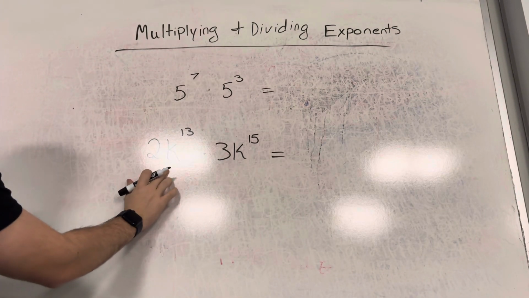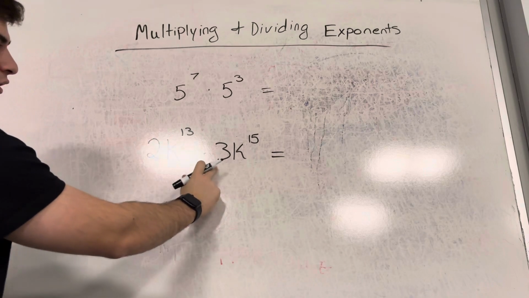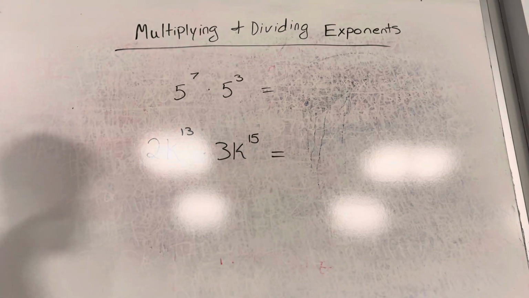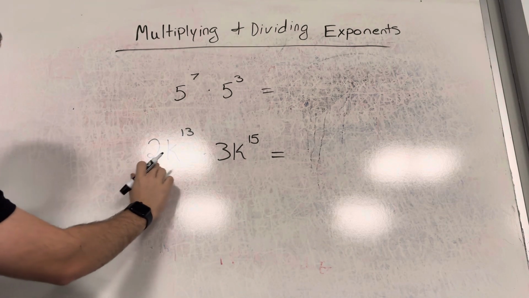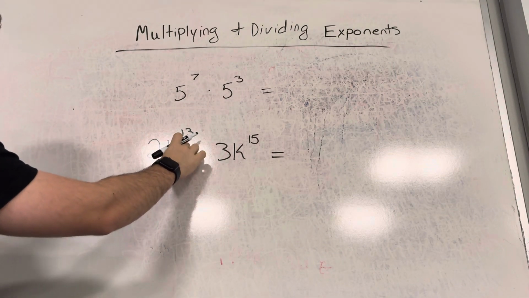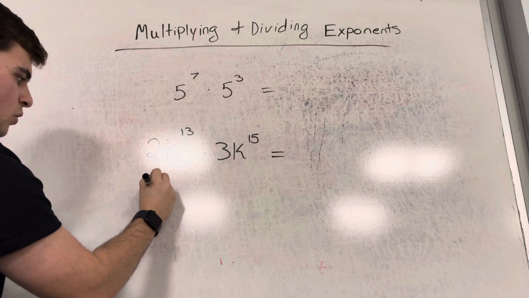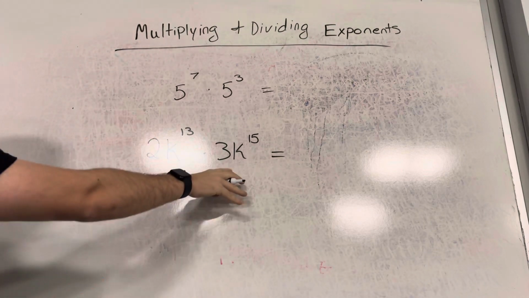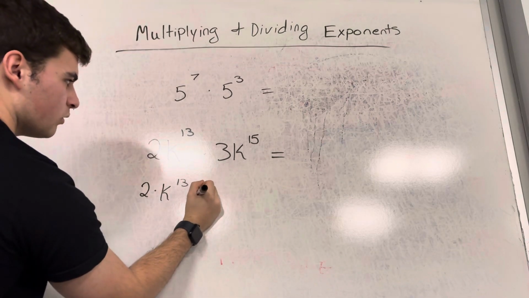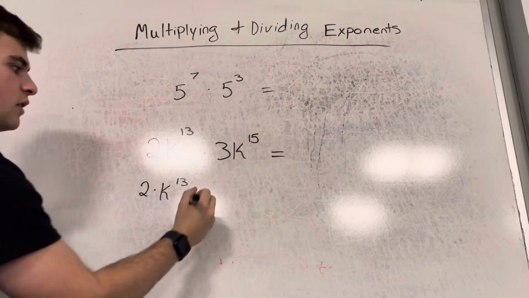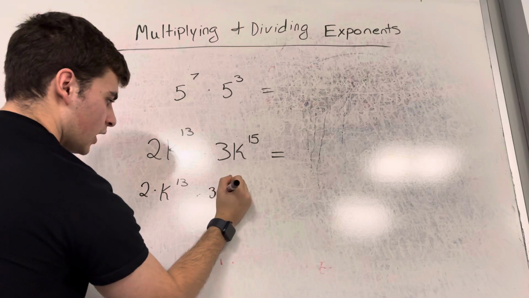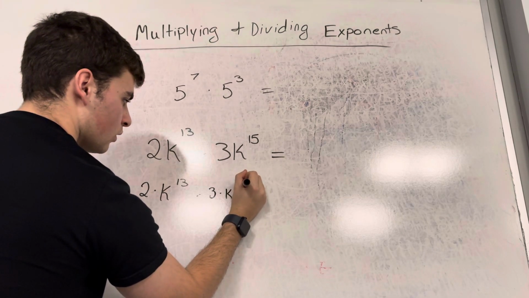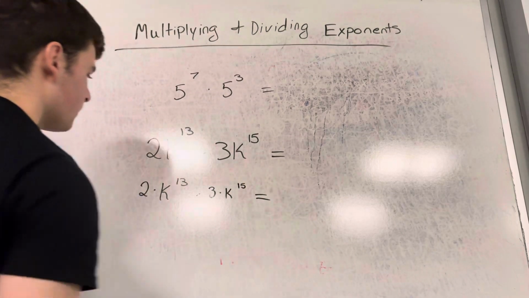So if we were to look at 2k to the 13th times 3k to the 15th, how would we multiply this? When we see 2k to the 13th, we know that we're really saying 2 times k to the 13th. And the same can be said here. If we multiply this by 3k, we see 3 times k to the 15th.